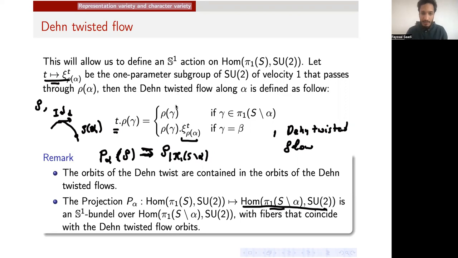The Dehn twisted orbit does not change the representation on the pi1 of S minus alpha. It fixes that and changes everything else. So the fibers and the orbits coincide. And this will be the end of the first part.